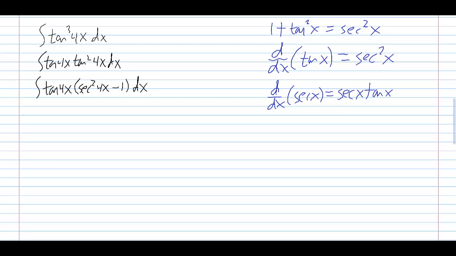And let me distribute that tangent 4x and look at what that gives me. That gives me the antiderivative of tangent 4x secant squared 4x minus tangent 4x dx. All right, so let me just split this into two separate integrals.